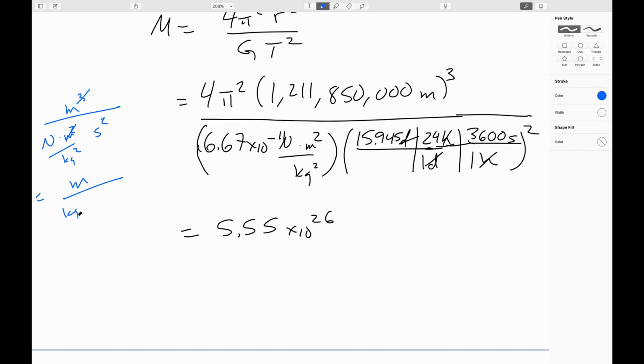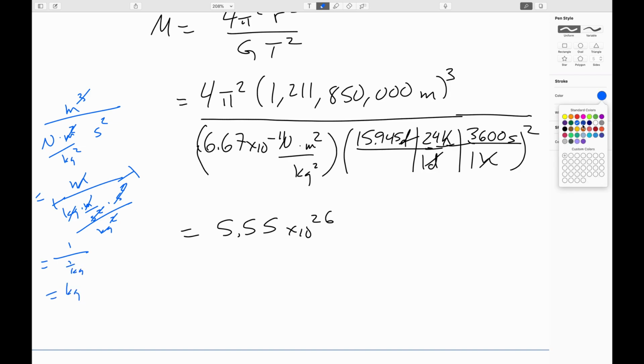A Newton is a kilogram meter per second squared, times seconds squared divided by kilograms squared. So cancel, cancel, cancel, cancel, cancel, cancel. We are left with 1 over kilograms is kilograms. So thank God, the units do check, and we have 5.55 times 10 to the 26 kilograms.